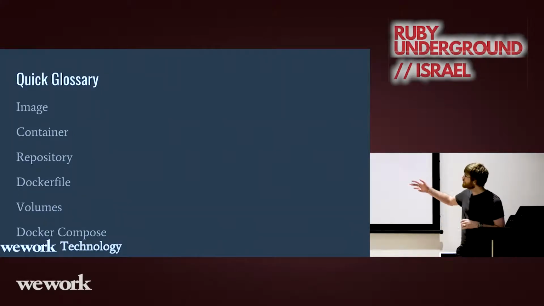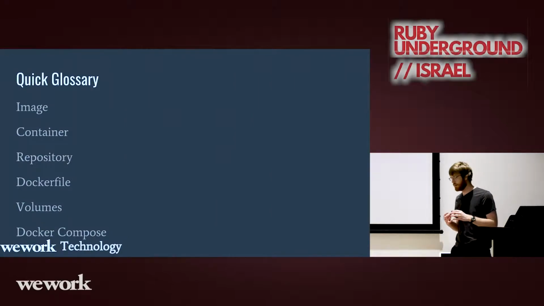Anyway, so quick glossary. An image in Docker is basically an artifact that you can replicate. You can use it as many times as you want. A container is basically an instance of an image. A repository is a place that you store images. A Dockerfile is a description of something. It's a way that you can specify the creation of an image.